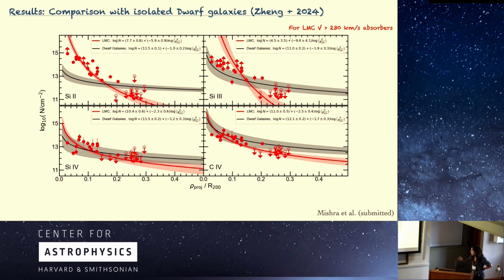When we plot their profile for these ions, we find that the LMC profile is steeply and abruptly declining compared to the isolated galaxies. If at all, the LMC is more massive compared to this dwarf galaxy sample, which is roughly 10 to the power 8 solar mass. So this is a strong indication for the environment effect contributing to the truncation of the LMC CGM.